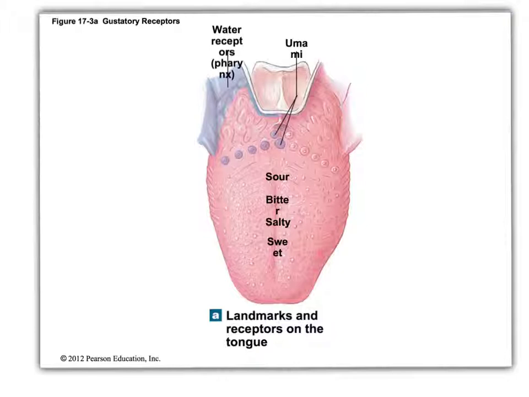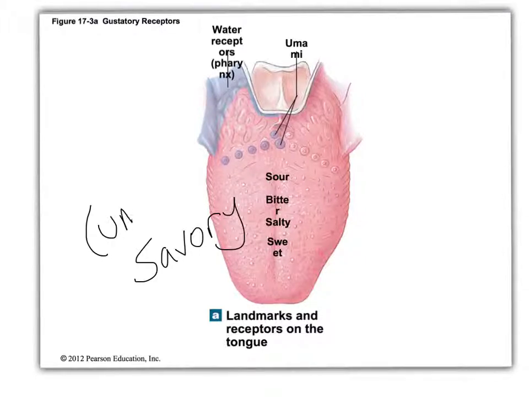So here we see the surface of the tongue. You've got sour, bitter, salty, sweet. There is another taste that is associated with the tongue. This is a fairly new taste called savory, or the actual proper name for it comes from the Japanese, umami.